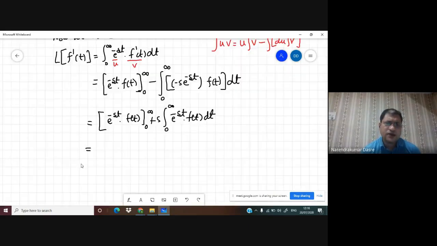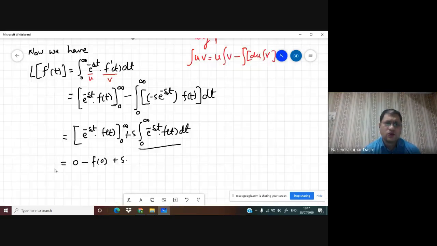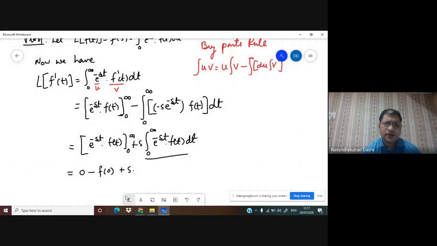Now apply the limits. If I put infinity, e raised to minus infinity is 0, minus, if I put 0, then e raised to 0 is 1 and here I get f of 0, plus s times this integral. You can see this integral is exactly f bar of s.